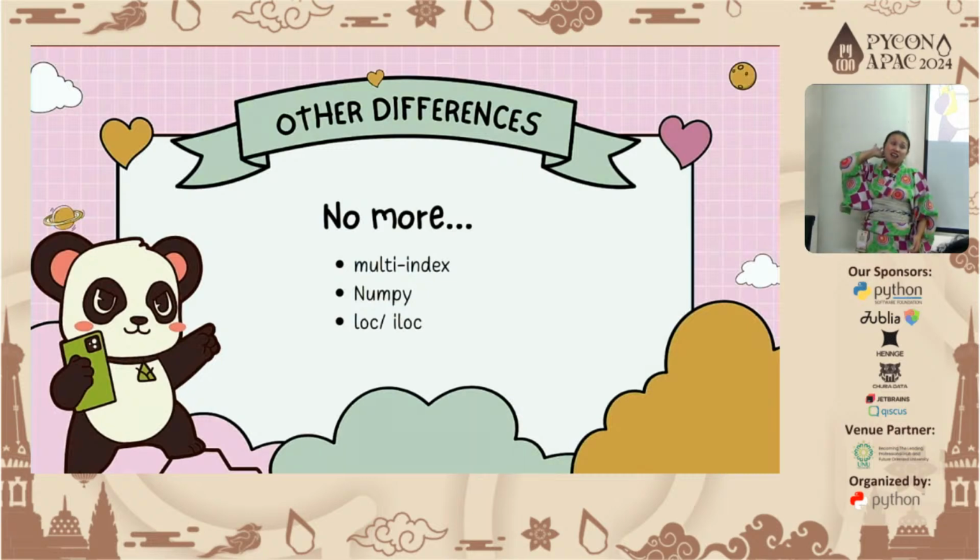Also, because polars is not using NumPy as backend, a lot of things that we did in the past, for example, when we put the data from a pandas data frame into scikit-learn or, let's say you put it in a neural network, maybe in a tensor, all these things, you have to take out the value because the value is actually a NumPy array.